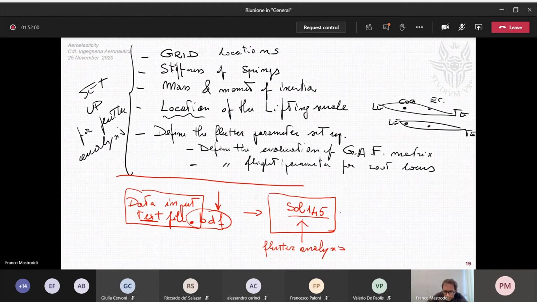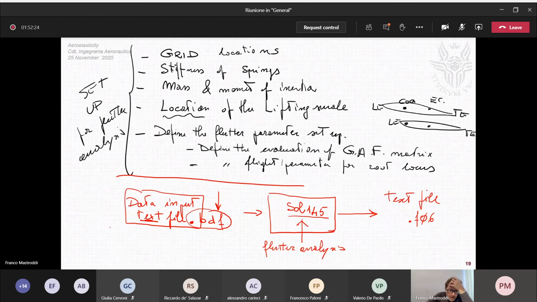As output of this solver, we will have a text file with the standard extension for a Nastran output file, .f06.